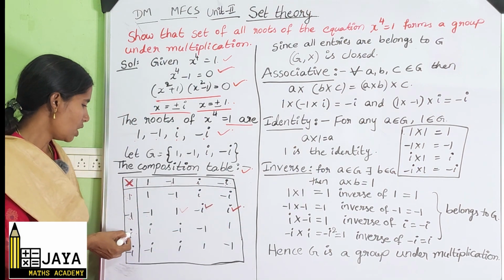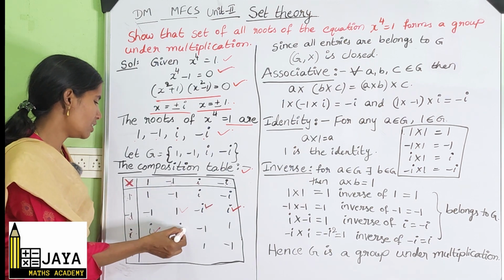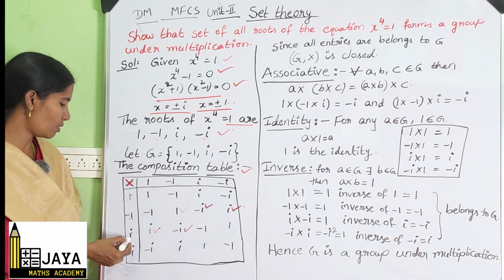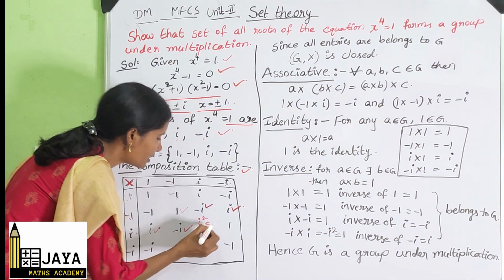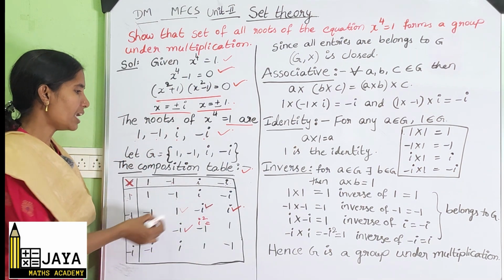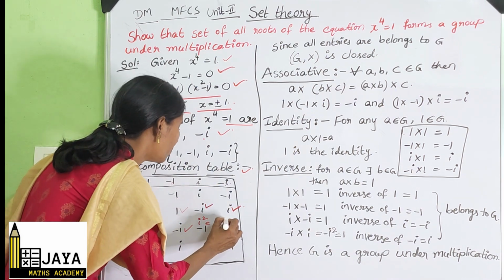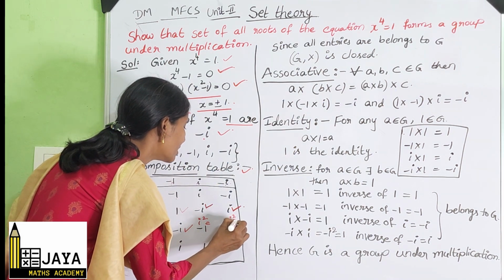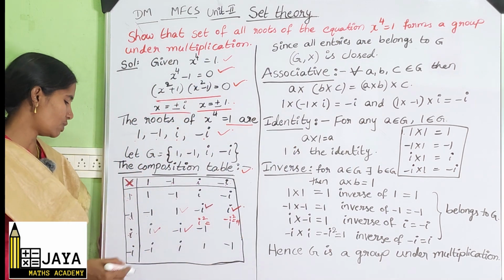Come to the next row: i into 1 is i, i into minus 1 is minus i, i into i is i square, and i square is equal to minus 1. i into minus i is minus i square, which is minus of minus 1, so that will become plus 1.